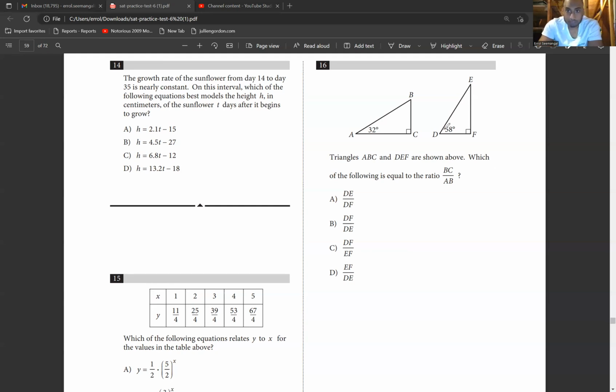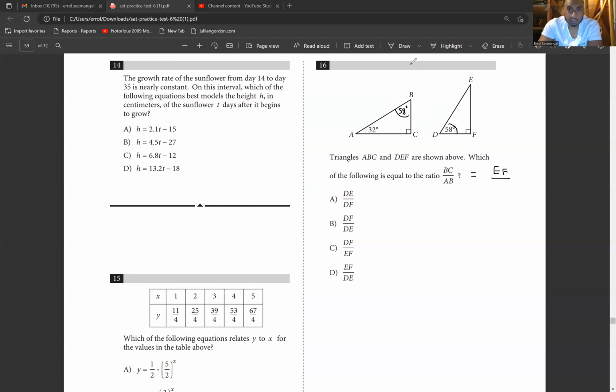Okay, what's this one? That'll be EF. Oh no, wait. This is 58 right here, right? Yeah. So that 58 corresponds to this one right here. So that'd be DF.